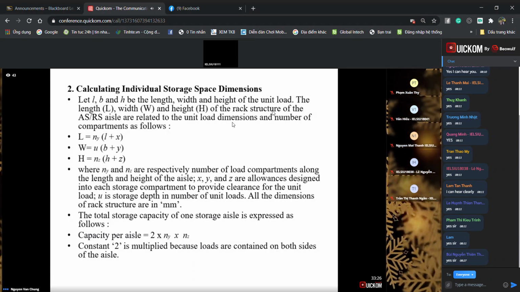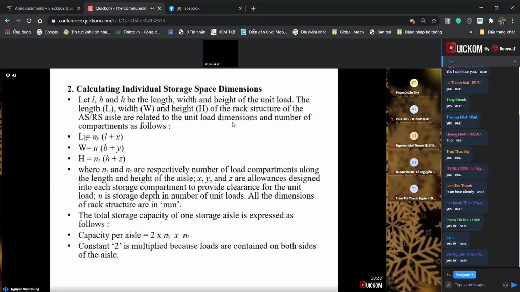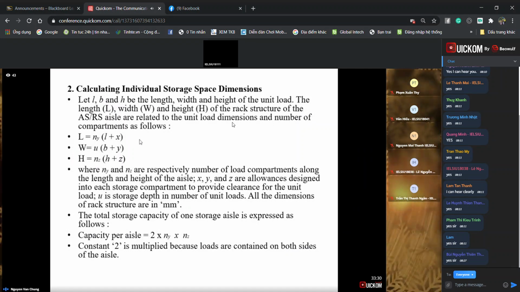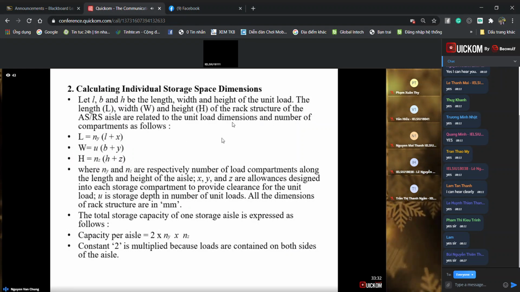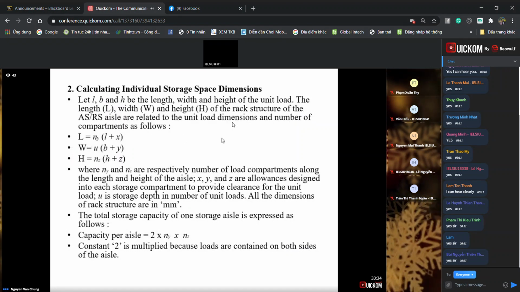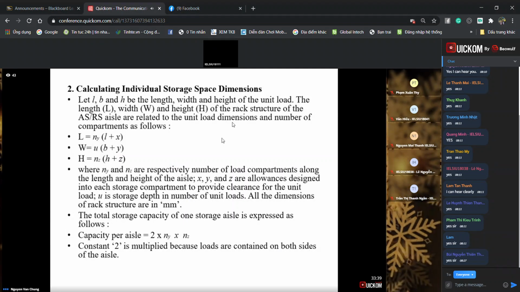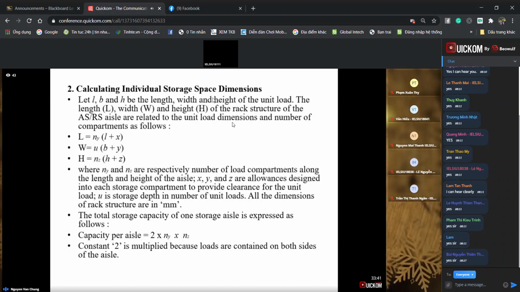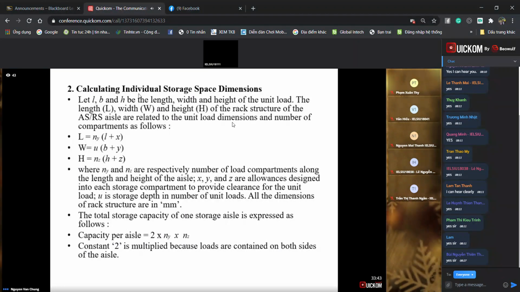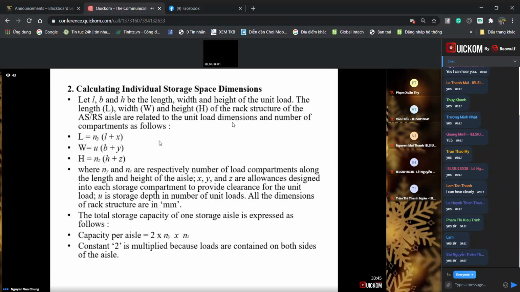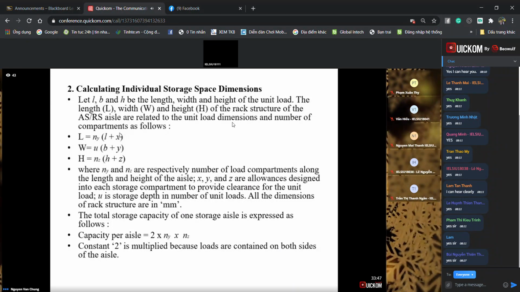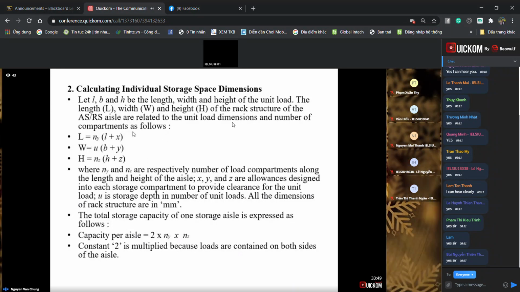Okay, so like I said, you have the formula. This is the dimension of the unit load and the rack, and the number of the compartments. This is the compartment.